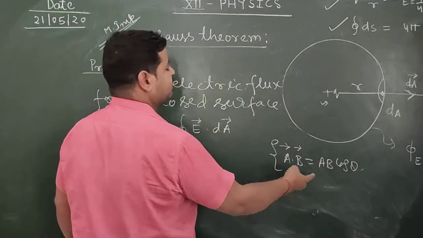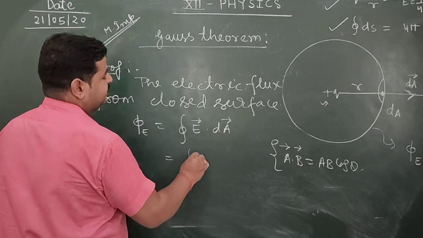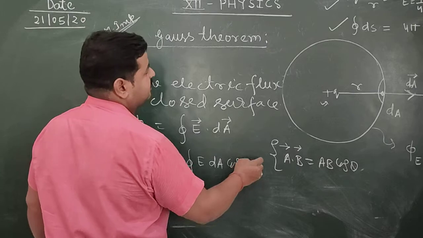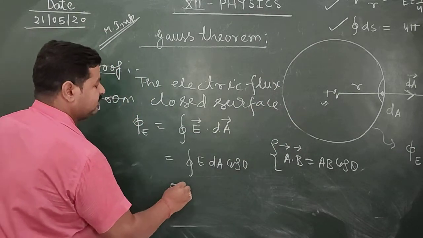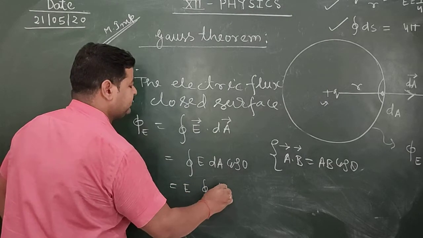Clear? Where theta is the angle between vector A and vector B. So here we write E dA cos 0, because the angle between E and dA is 0. So here E is taken common from the integration sign and here we write dA.